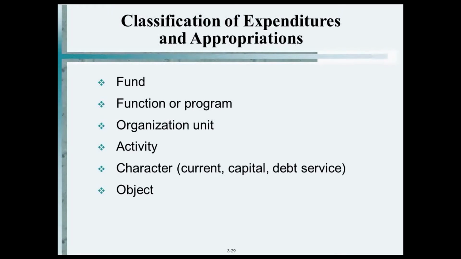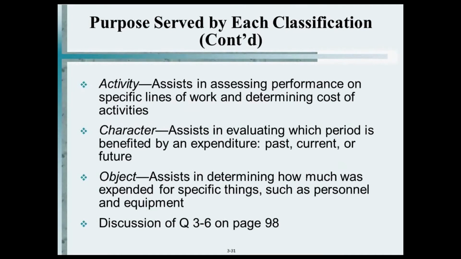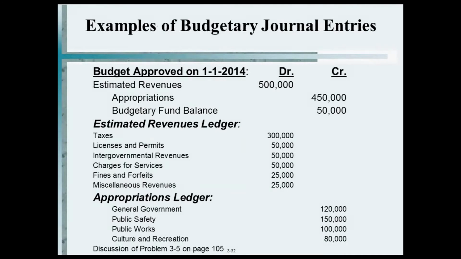You know, public safety, for instance. Organizational unit could be the police department. Activity could be the guy or gal who's out on patrol, right? And character could be each one of those categories. And object is the real account. See how many things you can drill down to? So this has a very unique structure. So I want you to take a look at this, because that's how this is used in actual practice.